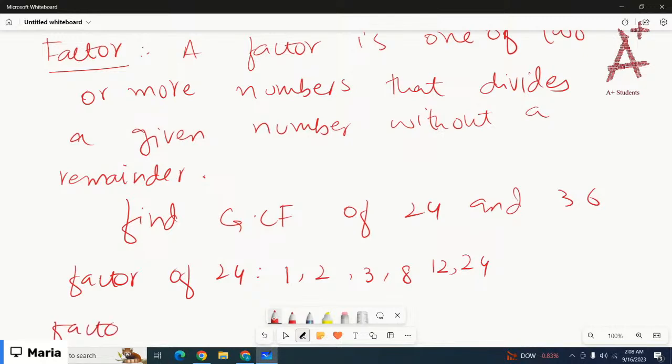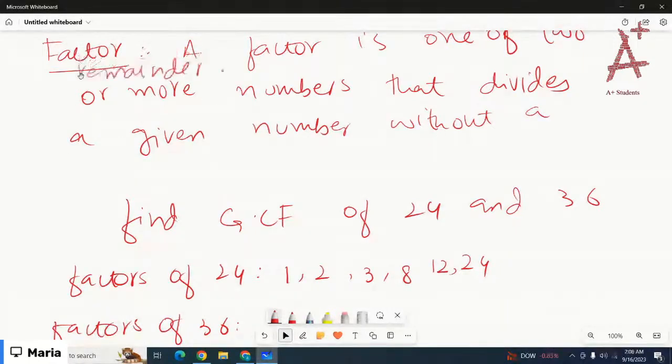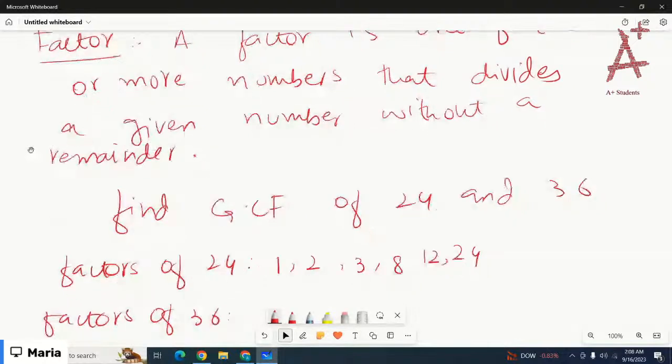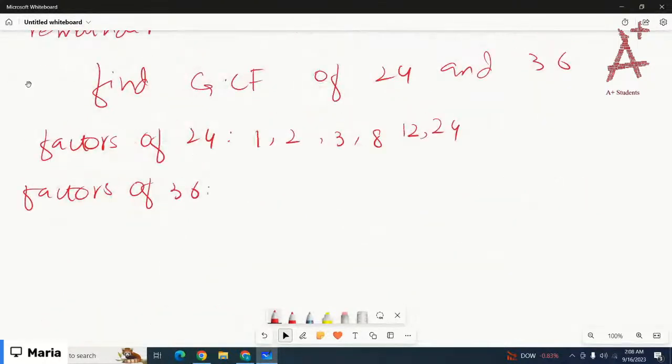Now let's write down the factors of 36. The factors of 36 are: 1 times 36 is 36. When you divide 36 by 2, 2 times 18 is 36, so 2 and 18 are both factors of 36.